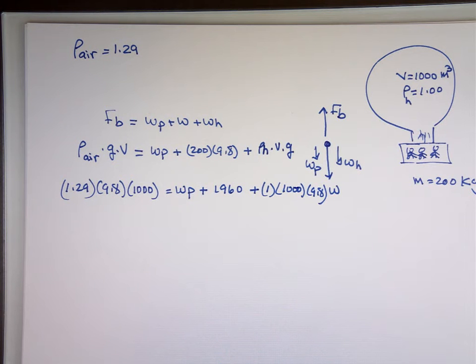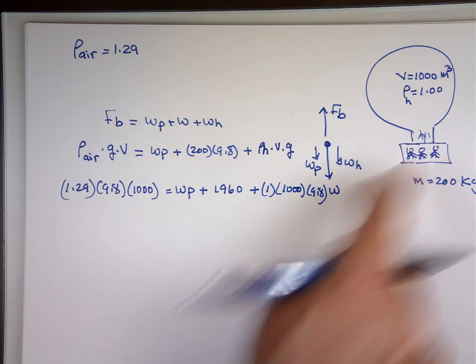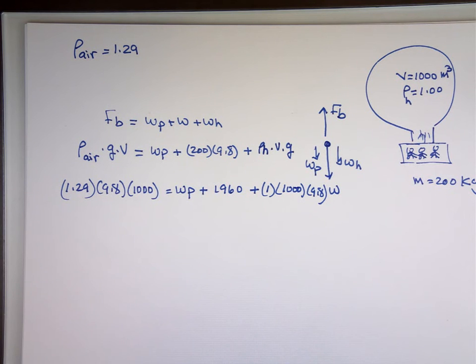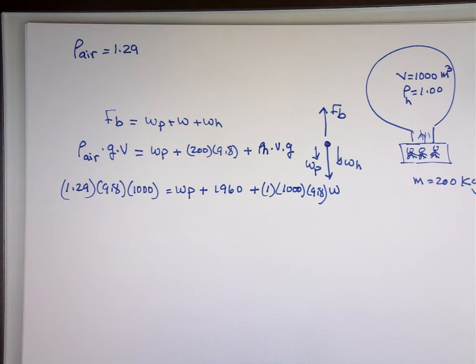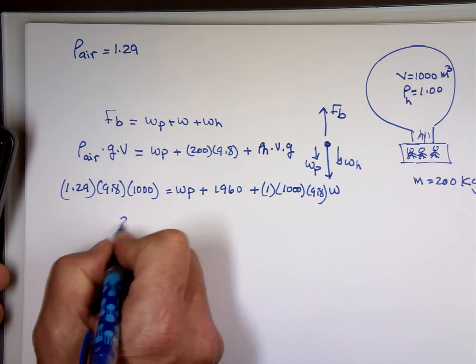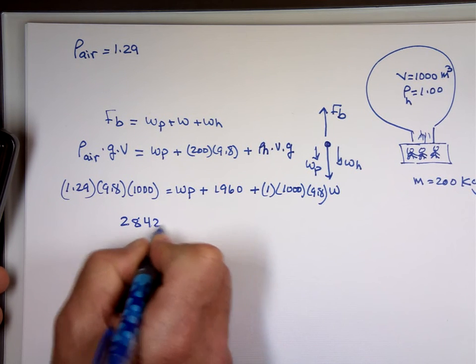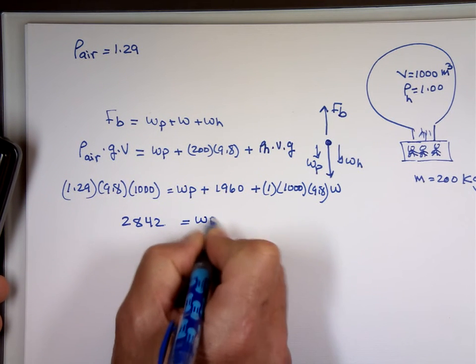Hopefully that number is high enough, otherwise the thing might not rise. Let's see. 2,842 equals the weight of the people plus 1960, the weight of the balloon.